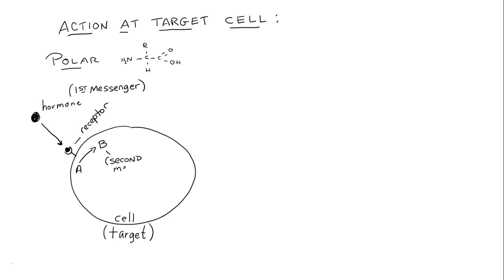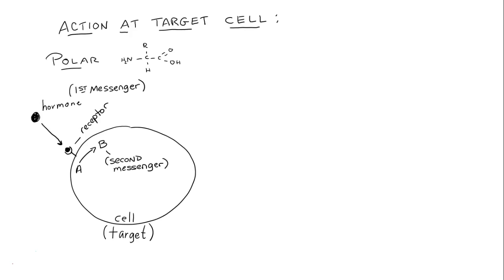So we often call a polar hormone the first messenger, and it cannot get into the cell, but creates a second messenger inside the cell, which can then carry out the cell's reaction to the situation.